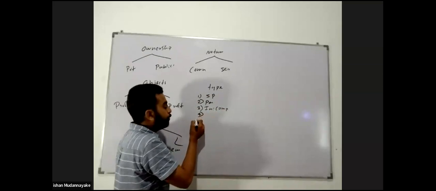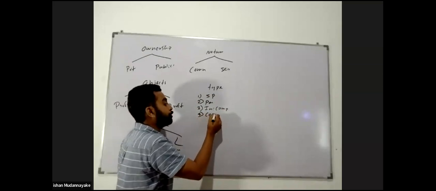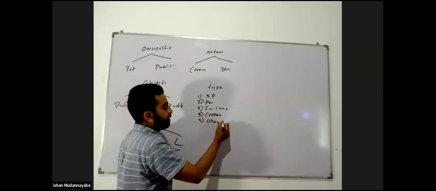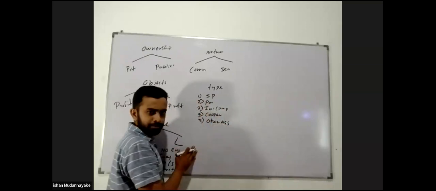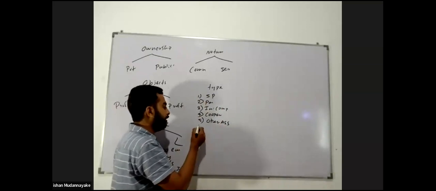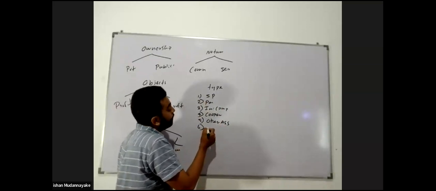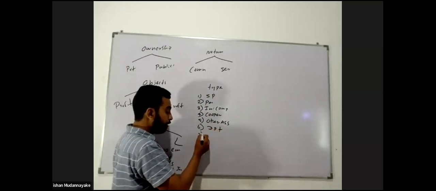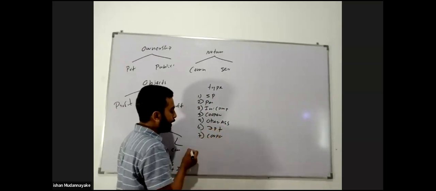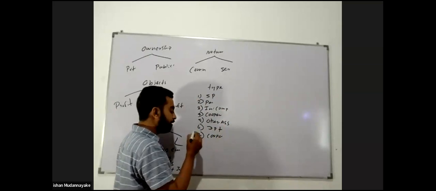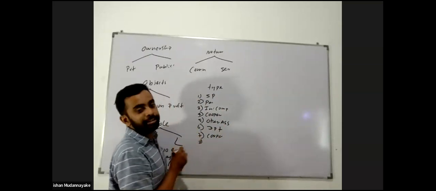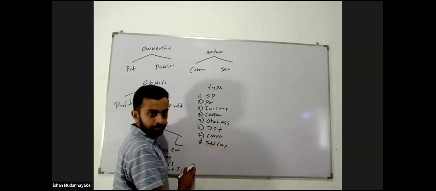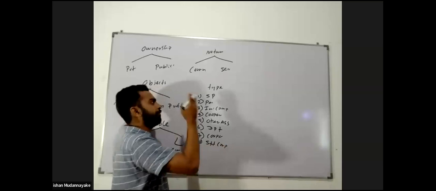Fourth one, cooperative societies. Fifth one, other associations, such as state corporations, government departments, government corporations, and government companies. These are the businesses based on the type of business.